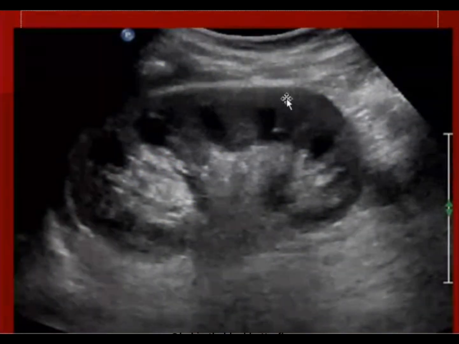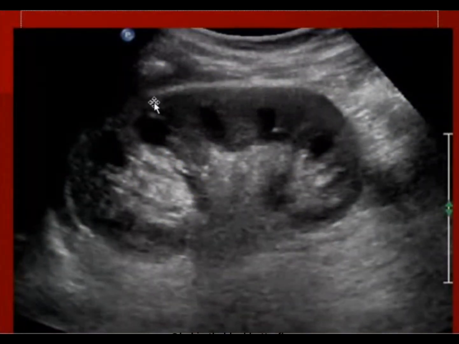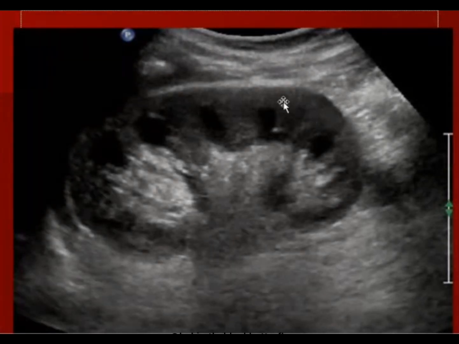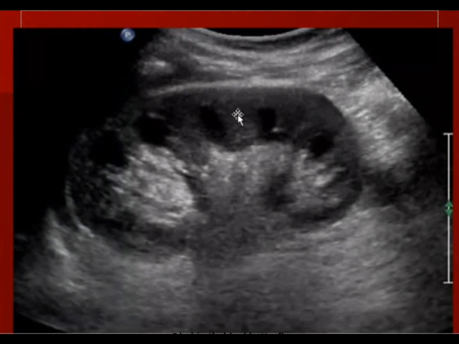So what is this, members? Who can tell me what this is? Renal cortex. The cortex. What are these ones? Columns of Bertin. And what are these ones?